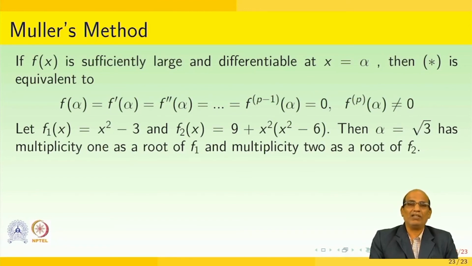They have multiplicity 1 as a root of f1 and multiplicity 2 as a root of f2, because there is a difference between f1 and f2. f2 contains the factor x squared minus 6, so it always vanishes there, whereas the first one does not vanish when you substitute.